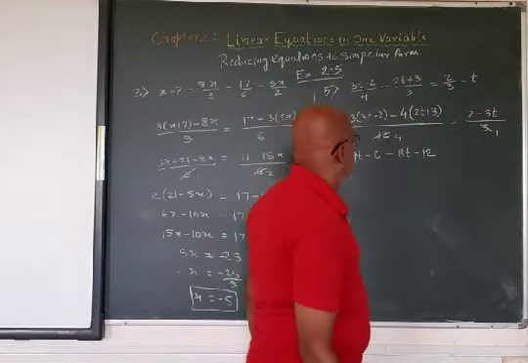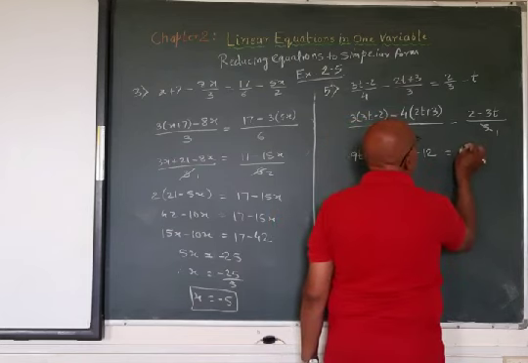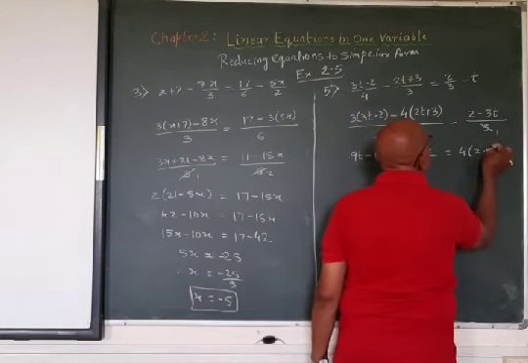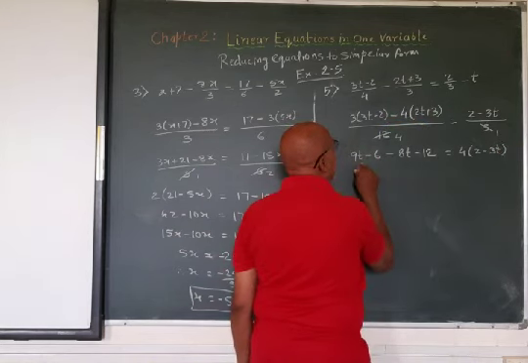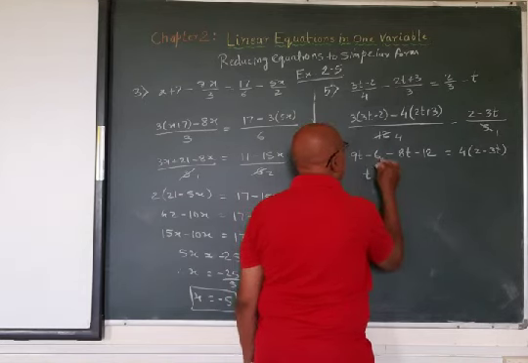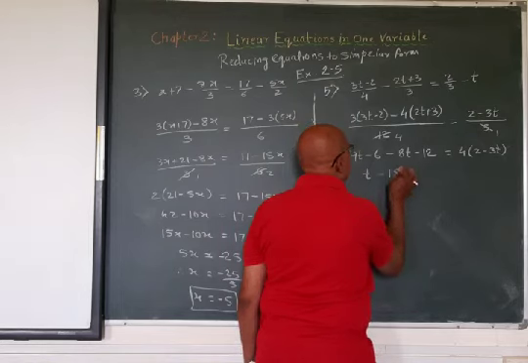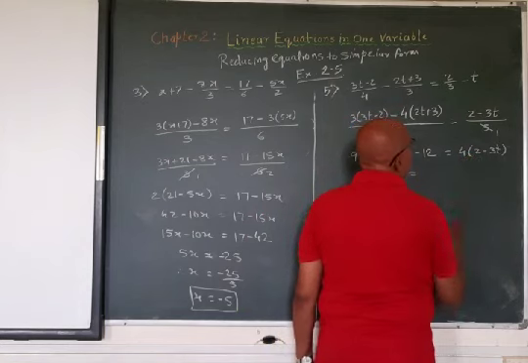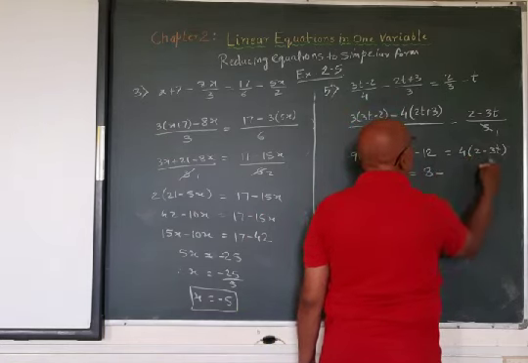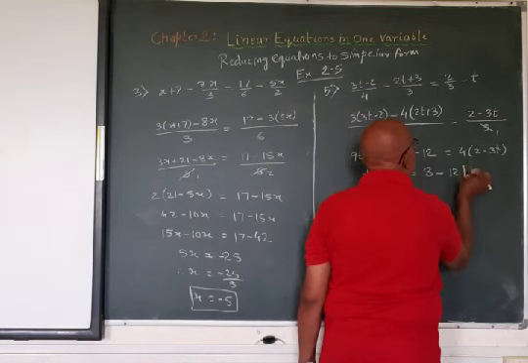So equal to 4 multiplied by (2 minus 3t). So what we get, 9t minus 8t is t, minus addition of this because both are minus. So 6 plus 12 is 18 equal to 4 into 2, 8 minus 4 3s are 12t.